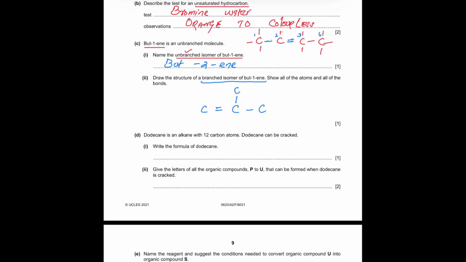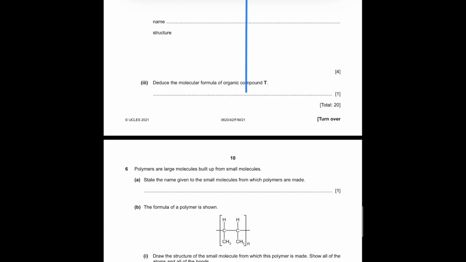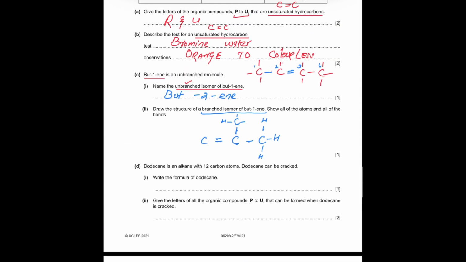All the other carbons are now hydrogen, 1, 2, 3, and the fourth hydrogen here. So this carbon is satisfied. 1 for this carbon, so 2, 3, and 4 hydrogen. So there will be 2 hydrogen.